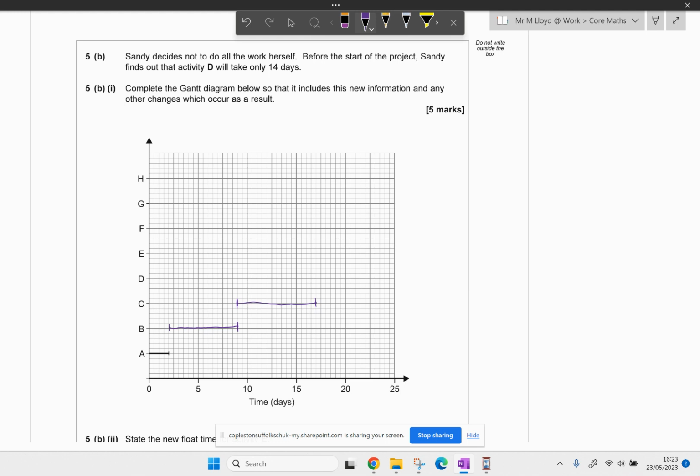Just going to move and have a look at this table again. Right. Because I'm not interested in the float times. We're just getting it done. I can add float times if I have to be fair.